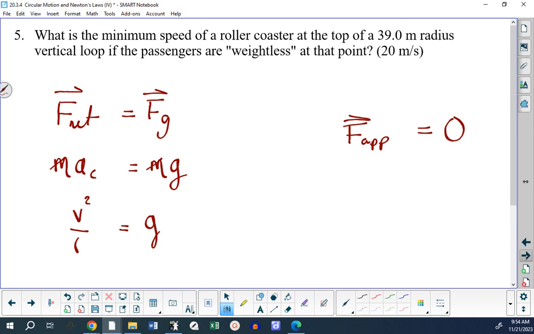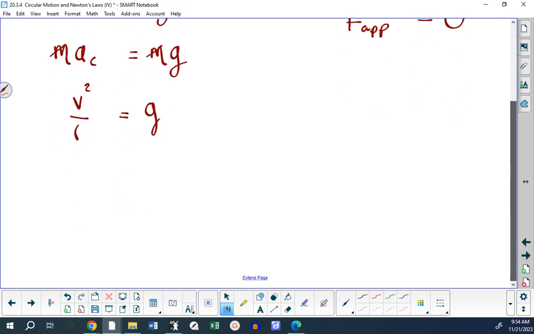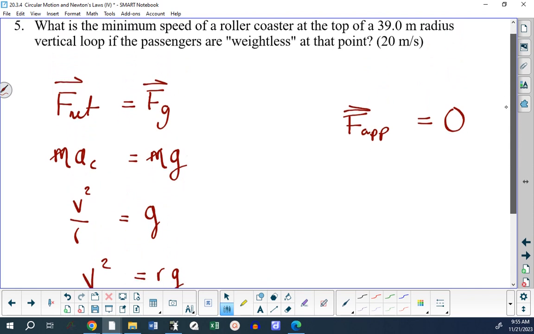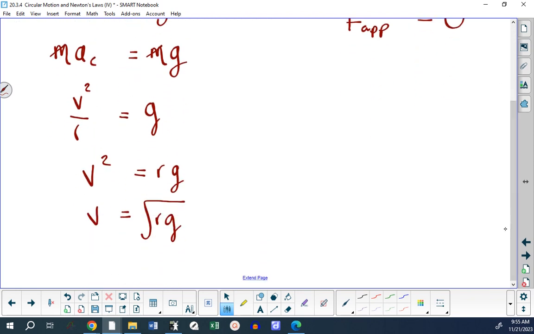It's also interesting because if you're in a car with 3 other people, you're all going to feel weightless at this point in time because your masses don't determine that speed. So all I have to do is, I would prefer to do this. Just be careful to make sure that you have a radius and not a diameter. So you have to take 39 times 9.81 and take the square root.